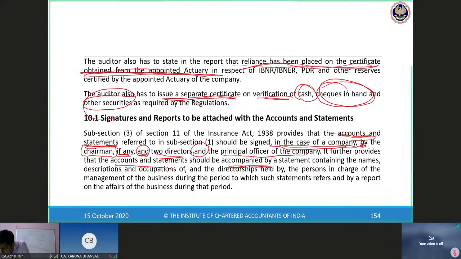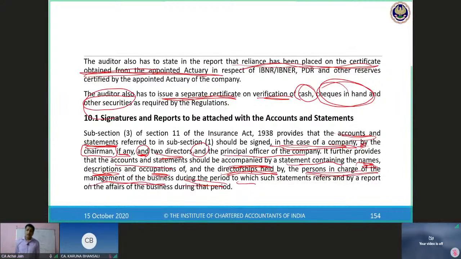Accompanied by statement containing names, descriptions, occupations of and directorships held by persons in charge of management of the business during the period to which such statement refers, and by a report on the affairs of the business during that period.